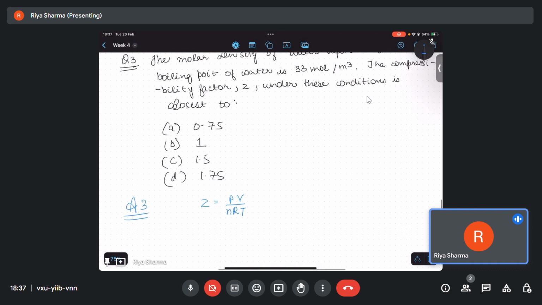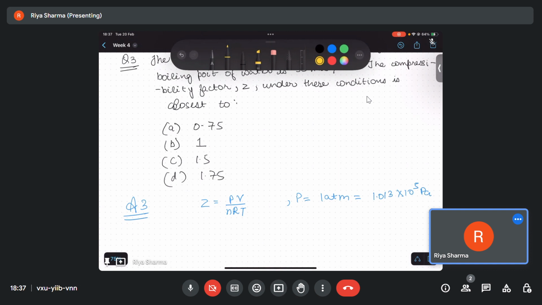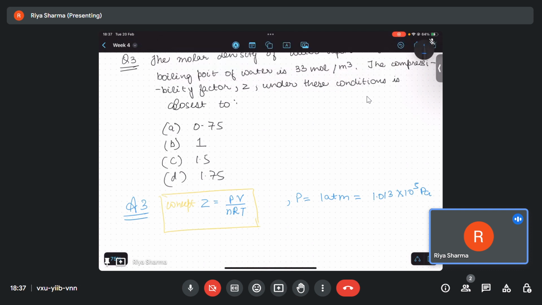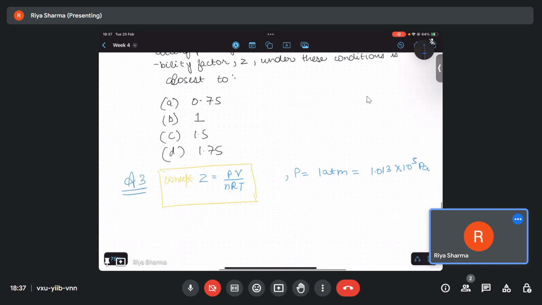So normal boiling point conditions will be pressure equals 1 atm, equals to how much, and you should know how to do this in Pascal. This is the concept which you have to use, and here we are trying to solve the question.